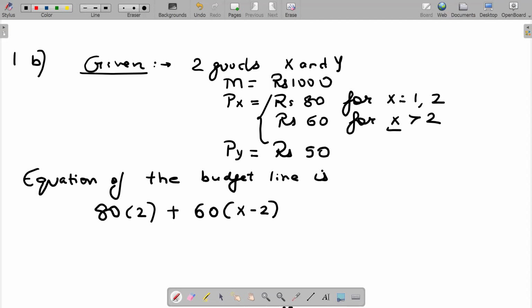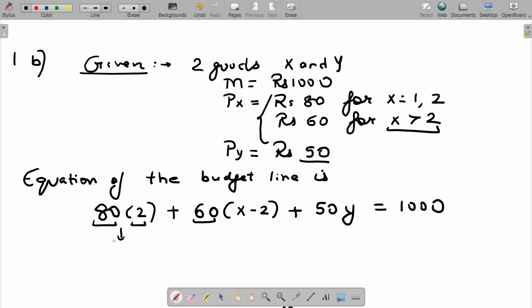That means when X is greater than 2, the consumer is going to pay 60 rupees, and for the first 2 units, the consumer is going to pay 80 rupees. For good Y, the consumer will pay 50 rupees for any unit of Y, irrespective of the units, equal to the income of the consumer, 1000.